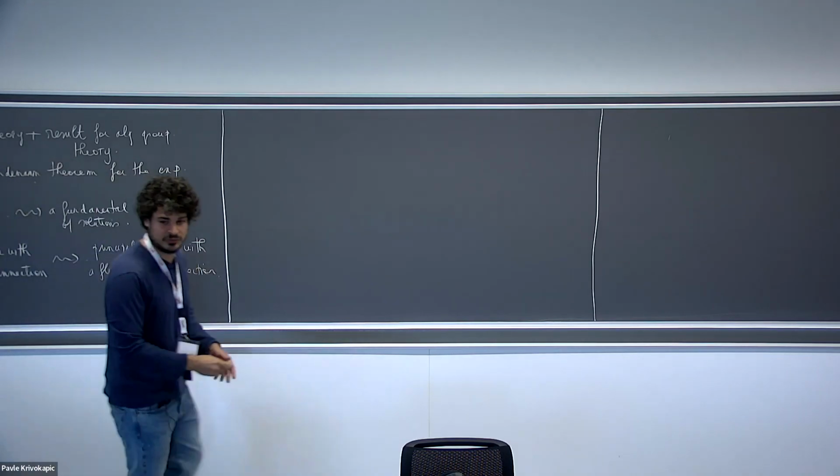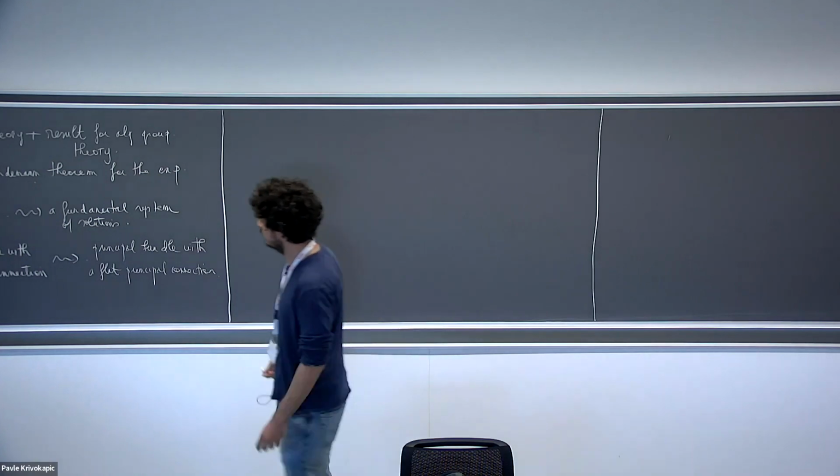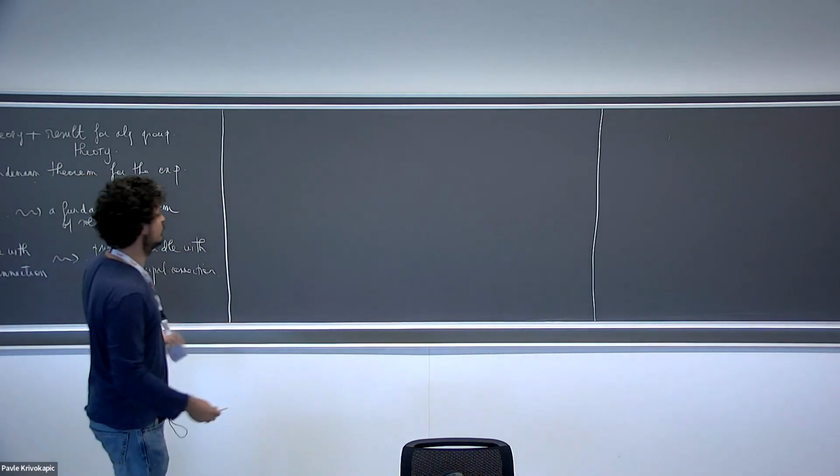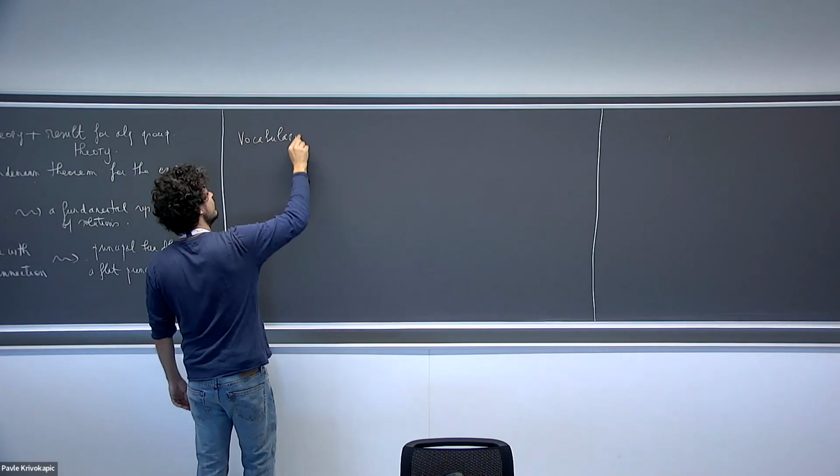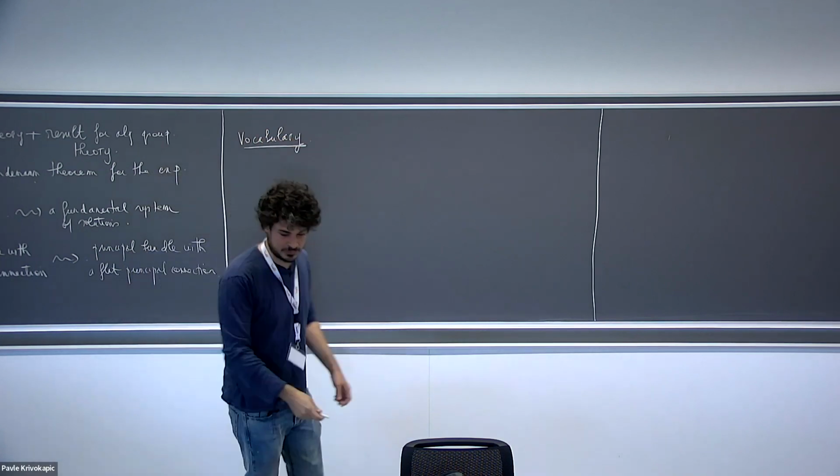So the first thing I will do is introduce some vocabulary about this kind of object. I'm sure many of you are very familiar with the vocabulary, but I will recall it anyway.